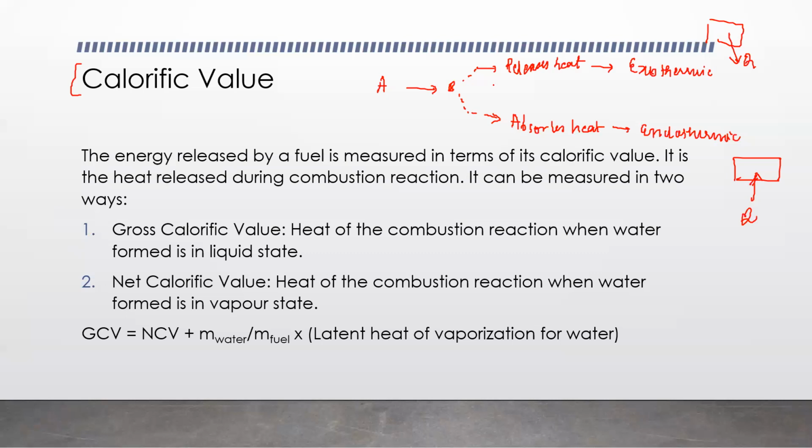Now, this calorific value can be measured in two ways. First is gross calorific value, and the second is net calorific value. We discussed that when fuel is burned in the presence of oxygen, it gives you carbon dioxide and water. Now, this water may be in liquid state or it may come in vapor state.